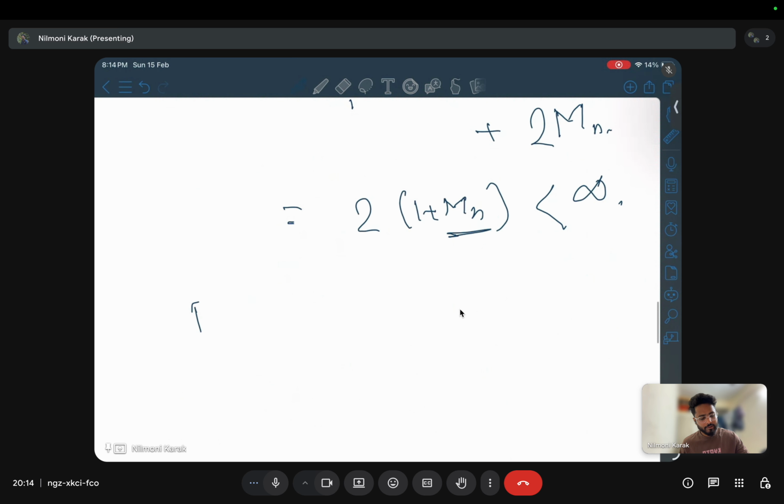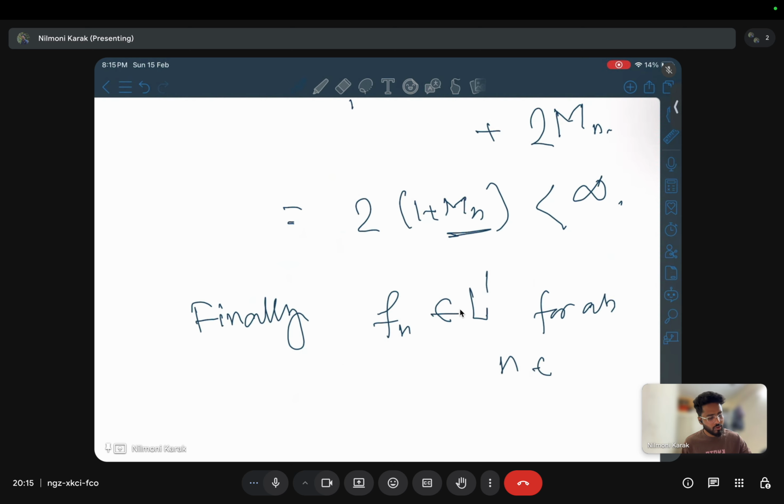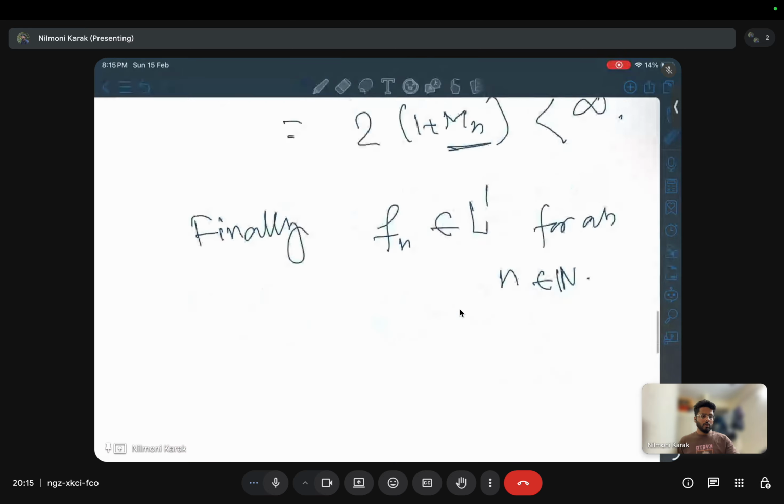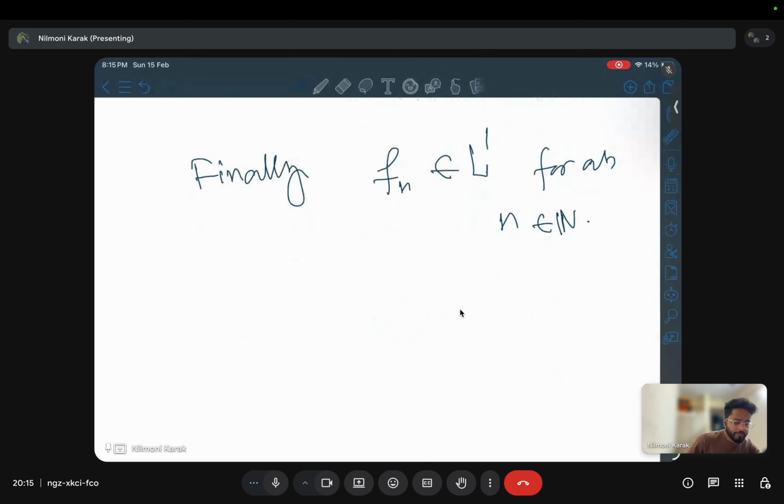So finally fn is in L1 for all n belonging to the natural numbers.